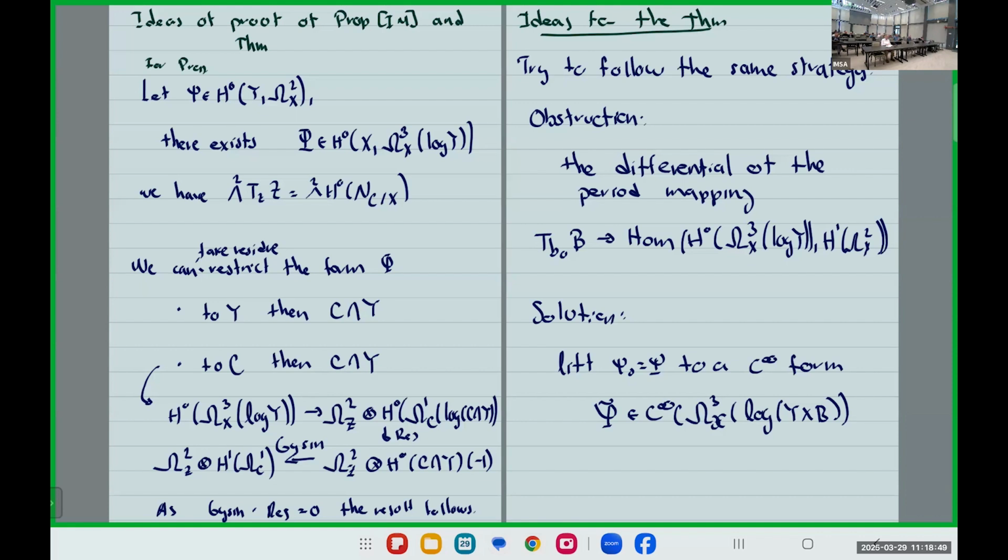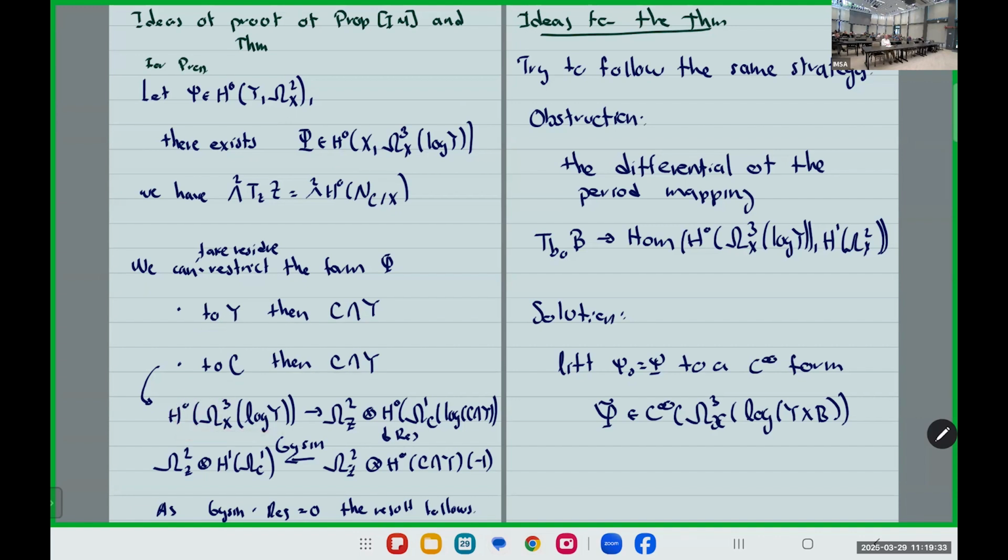And so basically we're going to obtain a commutative diagram, and in one way we are obtaining the residue and then the Gysin map, and this is going to be 0. And then you need to see that it commutes and that you will obtain the same in the other way. And so it will tell you that the restriction is going to be 0. So let me just remark what I said. We have the 3 form having poles on Y. So we can restrict to Y and then to the intersection with the curve, or we can restrict to C and then the intersection with Y. So let me do the second one. We have this element here.